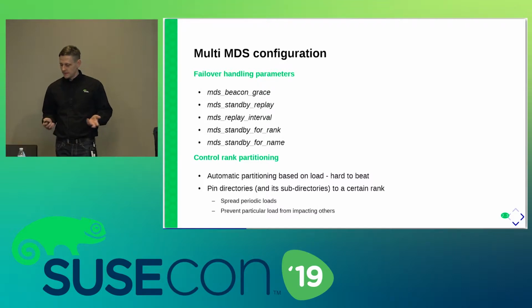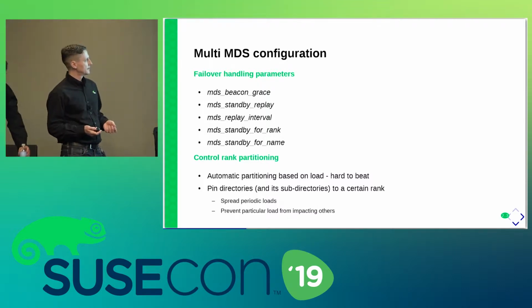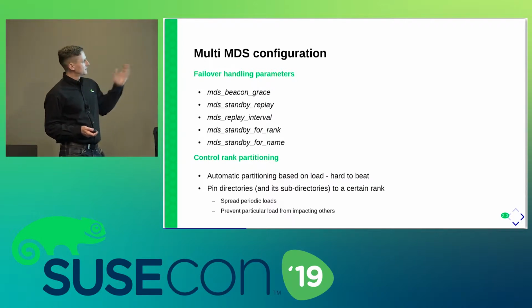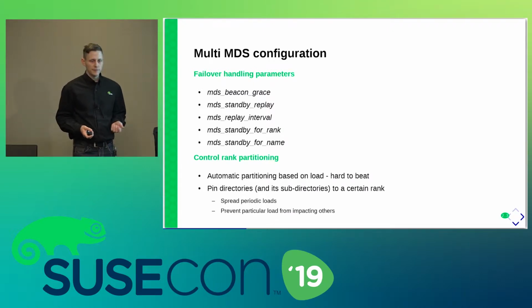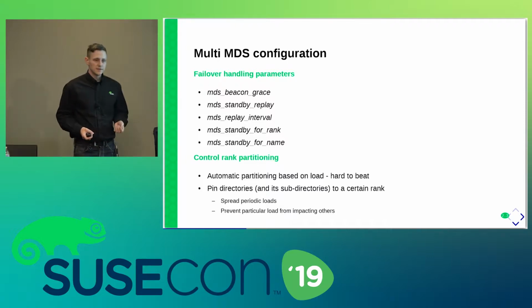I mentioned that this is actually fully automatic, but there are quite a few options that govern the failover handling as well as this partitioning. The failover parameters have very sane defaults, but for some deployments it might make sense to play with them a little. So the MDS beacon grace time is, of course, the time a standby MDS will wait for an active MDS to ping back.